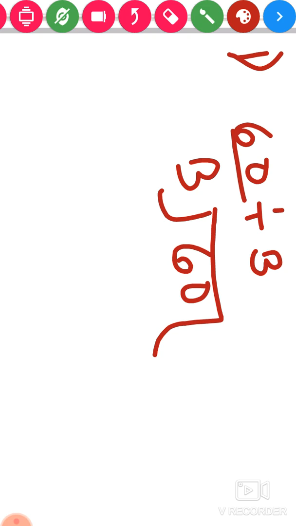Now what will we do? We discussed yesterday that whenever we divide, we start from the leftmost side. At the leftmost side we have 6. We have to see whether 6 is greater than 3 or smaller than 3.